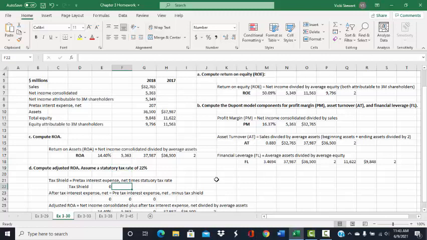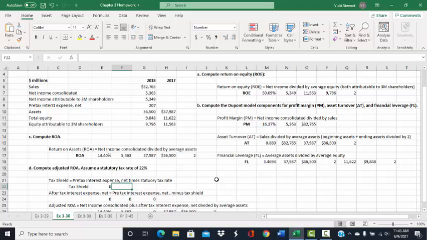The next part of our problem is to compute the adjusted return on assets, assuming a statutory tax rate of 22%. So our adjusted return on assets is going to be how much net income did we earn before our interest expense and taxes. So the first thing we're going to need to do is determine what was our tax shield.